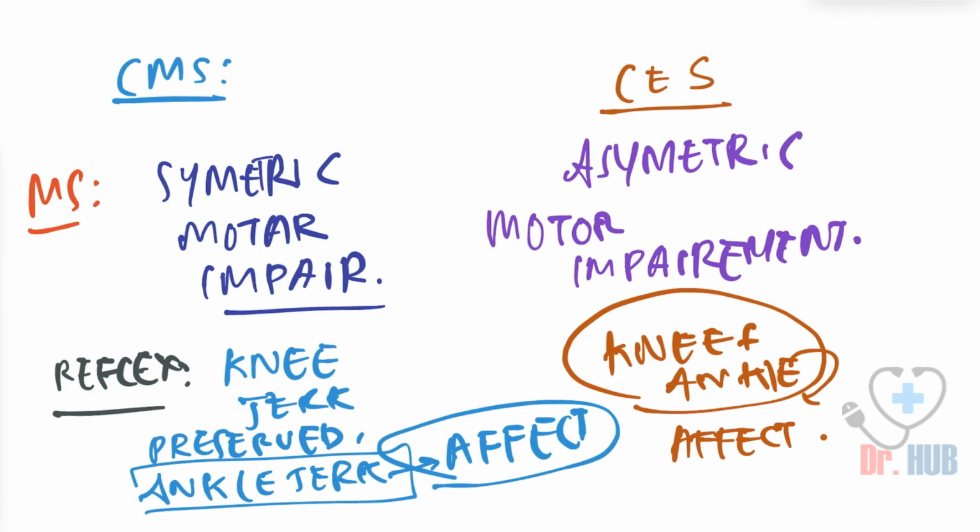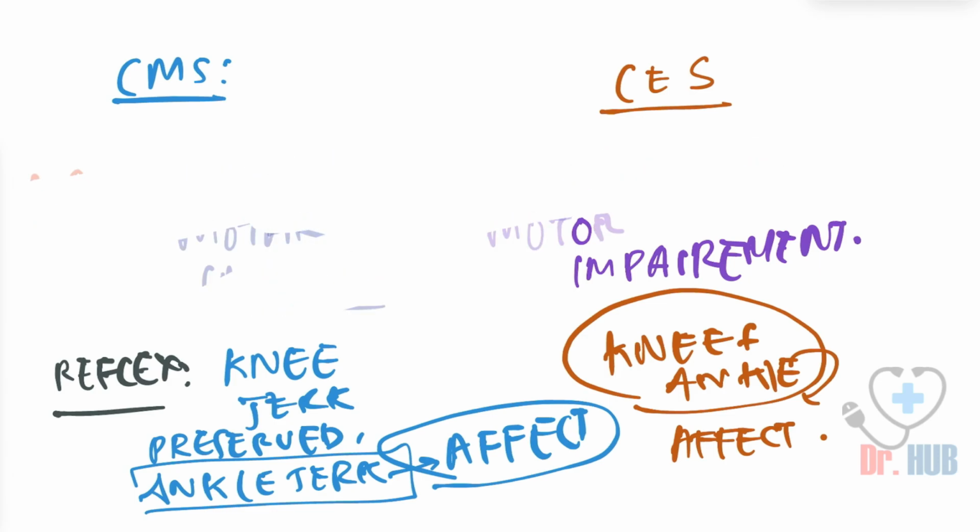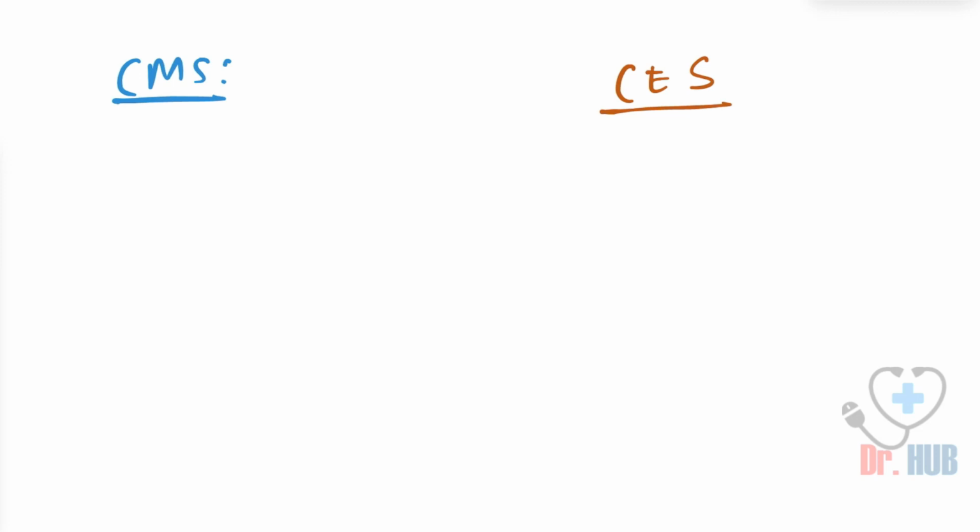Now we've finished the motor strength and the reflexes. Lastly, we are looking at sphincter dysfunction.